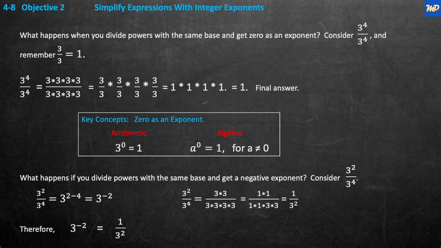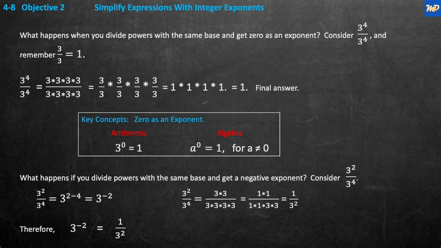So 3 to the 4th divided by 3 to the 4th is equal to 3 times 3 times 3 times 3 divided by 3 times 3 times 3 times 3. And we'll expand this out because, by the commutative property of multiplication, we can expand these out in little groups.